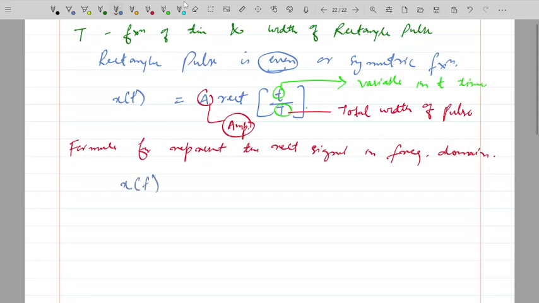We convert this t to f, so that will be equal to a, the amplitude of this rectangular signal, and this t will be converted to f. The width becomes 2 times f, or simply 2 times fm.